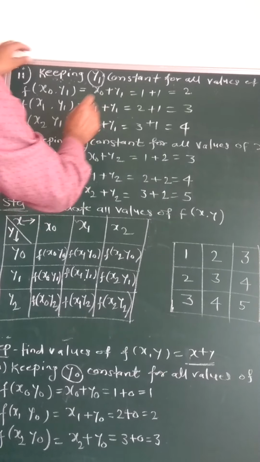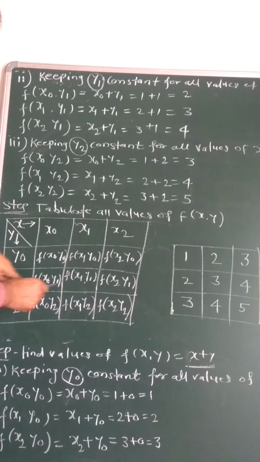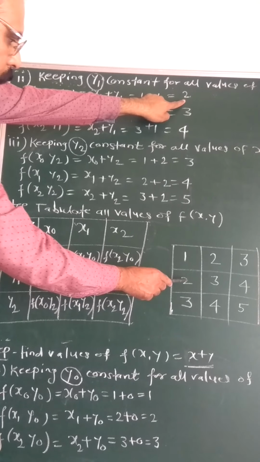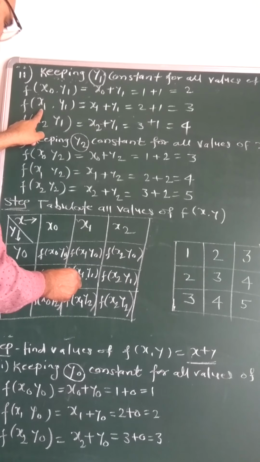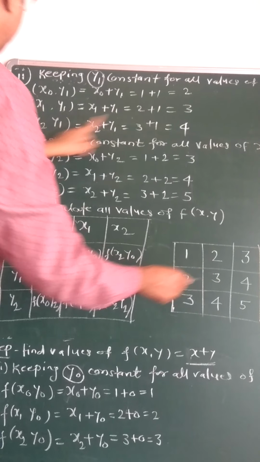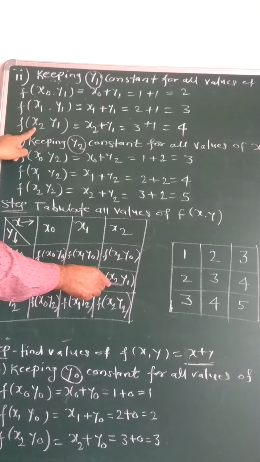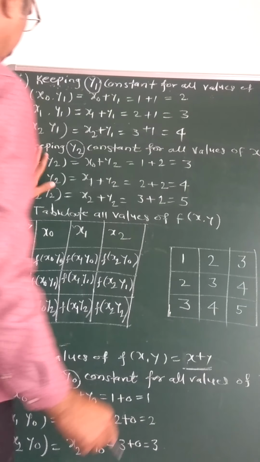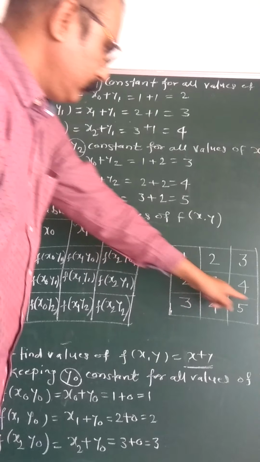Now the next value is f of x0, y1, which is equal to 2. Then the next f of x1, y1, which is equal to 3. Last f of x2, y1, which is equal to 4. Likewise, add these terms 3, 4, 5.